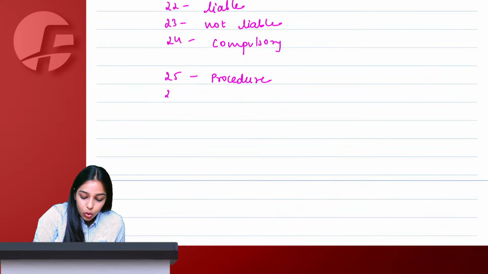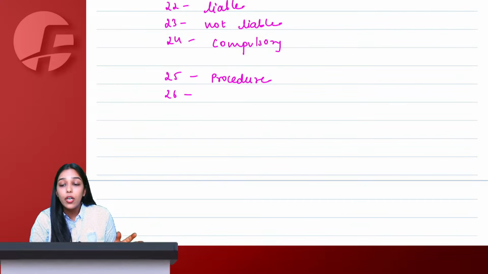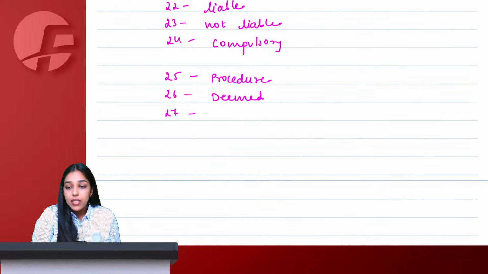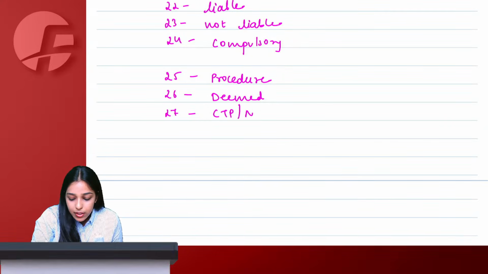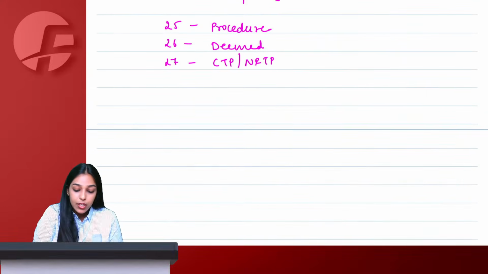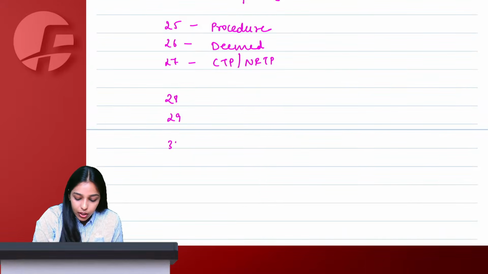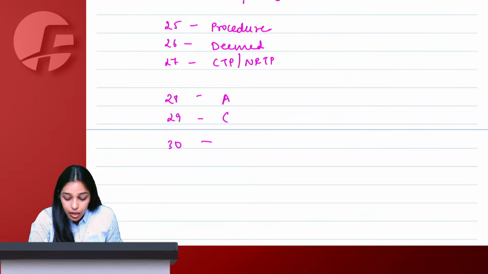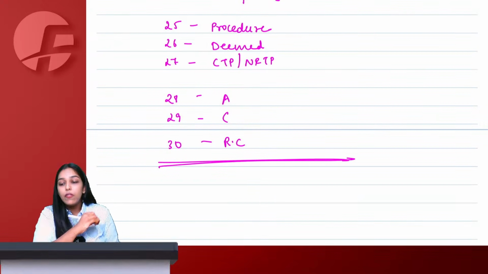Oh my God, this big procedure, I cannot do it twice, therefore we take deemed registration. 27 says casual taxable person and non-resident taxable person. Then 28, 29, 30 is amendment, cancellation, and finally revocation of cancellation.